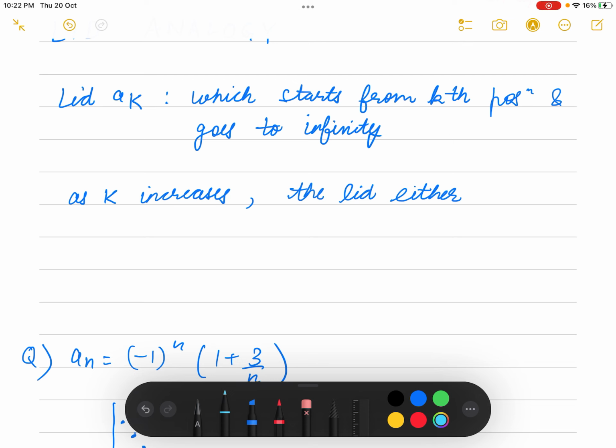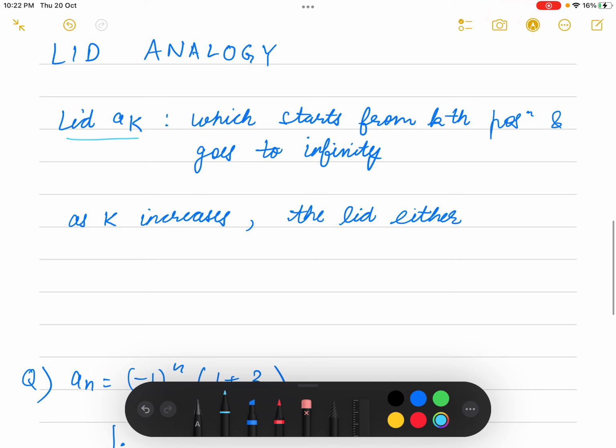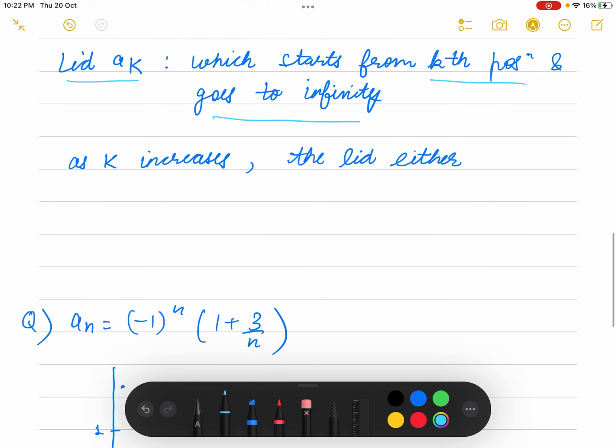In a similar manner to the analogy we defined for supremum, we also have the lid analogy for lim sup. So we know that we can define a lid a_k which bounds the set from above, and it starts from the kth position and goes to infinity. So we have our sequence, and we define a_k as the lid which starts at the position k.